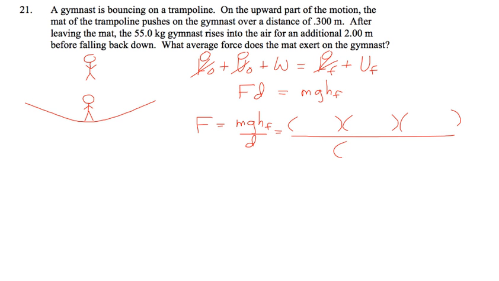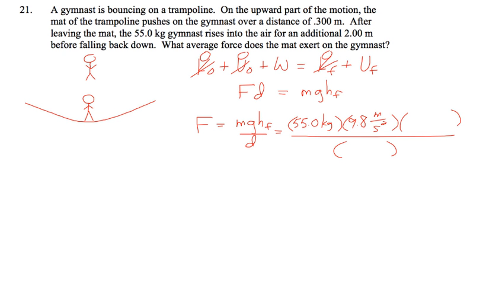divided by D. In this problem, the gymnast had a mass of 55 kilograms. Gravity is always 9.8 meters per second squared on Earth. That's the number we use. And now what should I write down for the height in this problem?